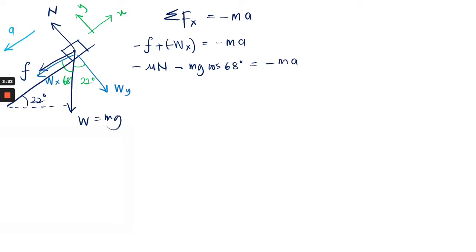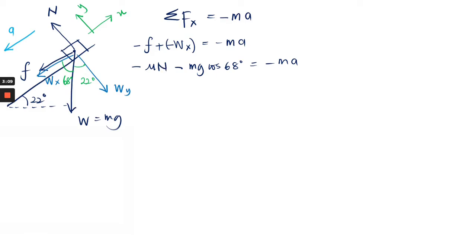We have the information regarding the mass, g, as well as the acceleration. However, we don't have information regarding mu as well as N. Mu is the parameter that we need to obtain, and it can be obtained from derivation based on the y component of the force.